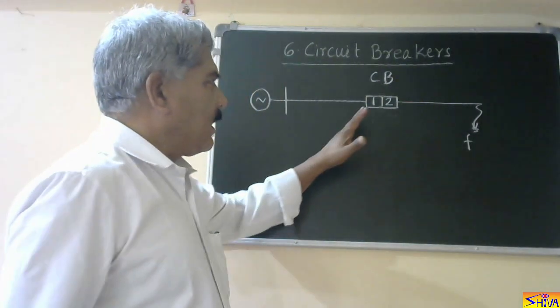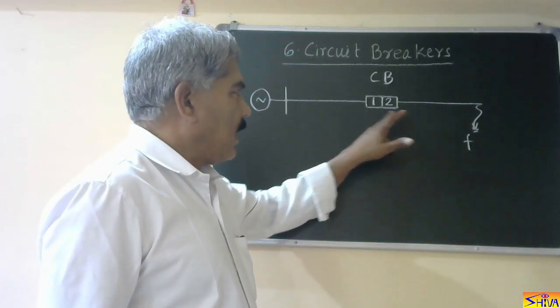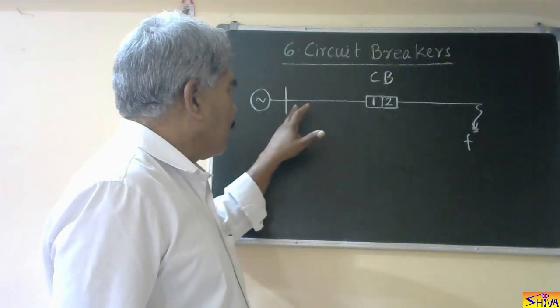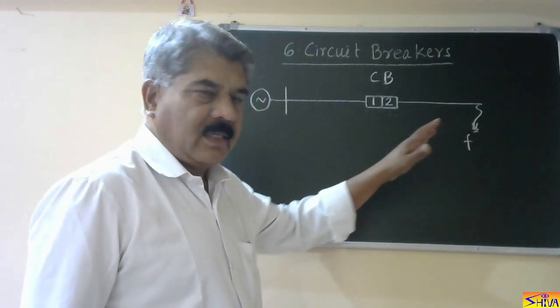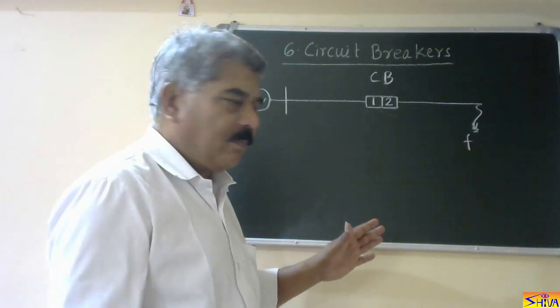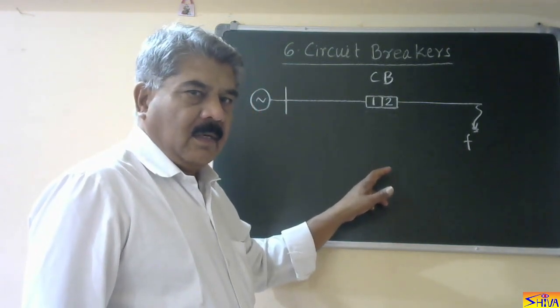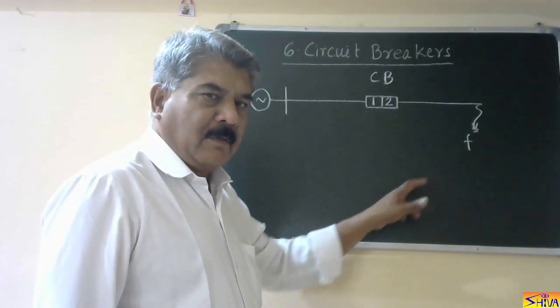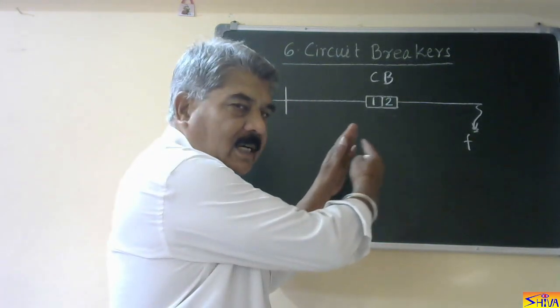So during normal conditions, these contacts or these electrodes are closed. So current flows from generator towards the load. That is normal condition. These contacts are closed or these electrodes are engaged. When fault occurs, relay detects the fault, it closes its contact, trip circuit will be energized, and as soon as trip circuit energizes, these two contacts start separating.